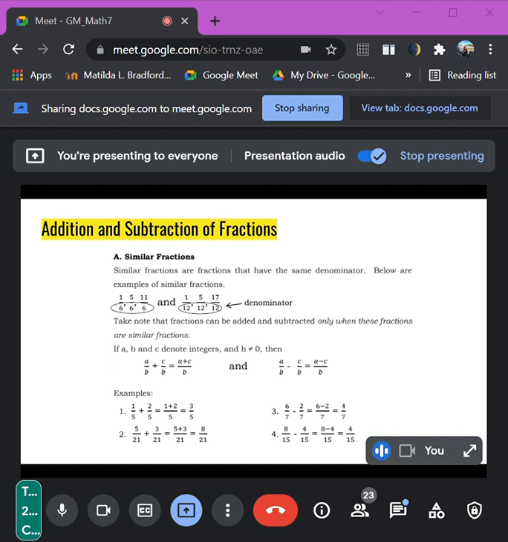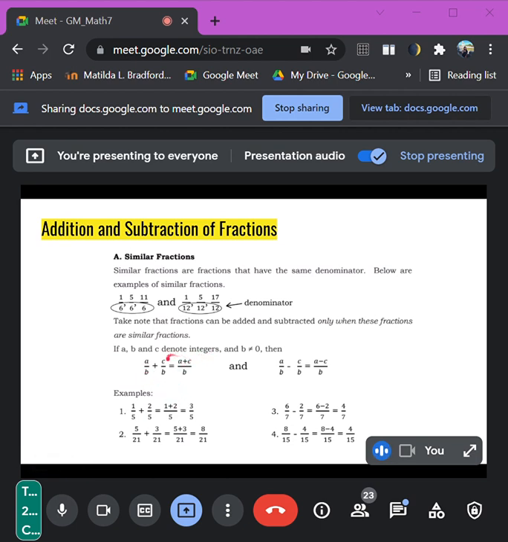So you have there if A, B, and C denote integers and B should not be equal to 0. So you have there A over B plus C over B is equal to A plus C over B. And your B should not be equal to 0 because it will lead you to undefined. So dapat it could be 1 or 2 and above, and it should not be equal to 0.